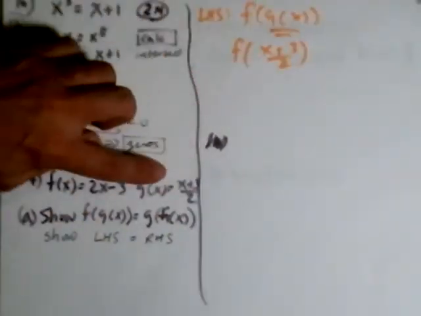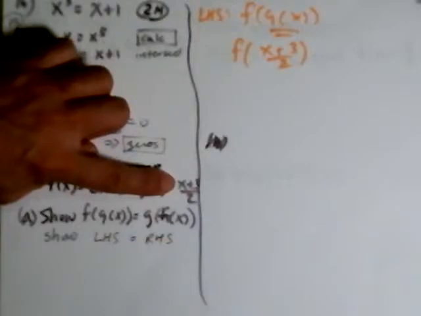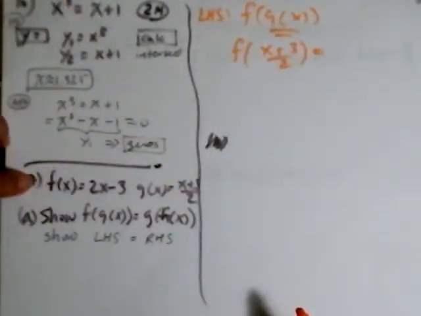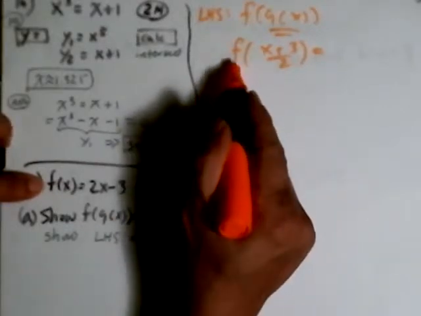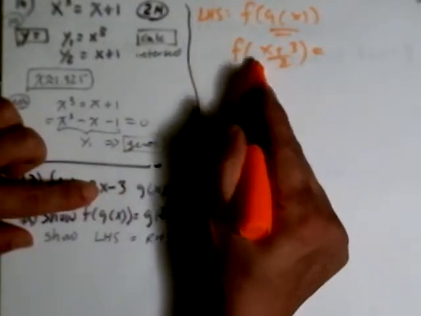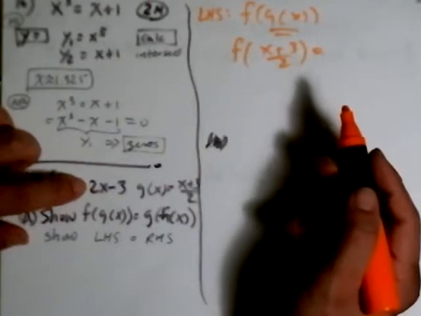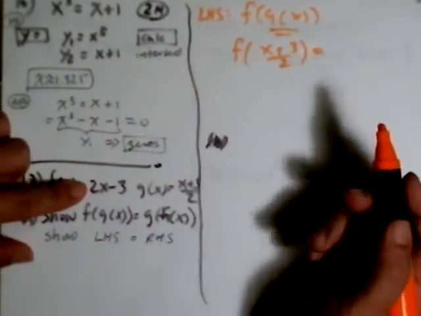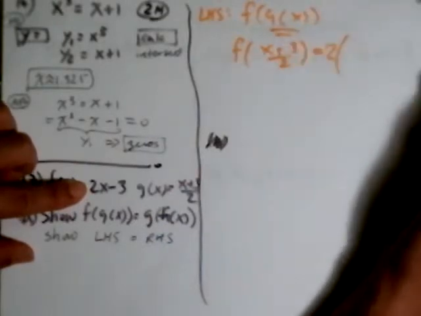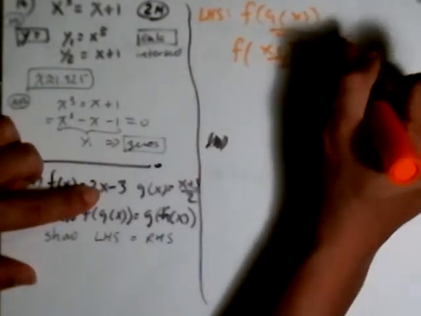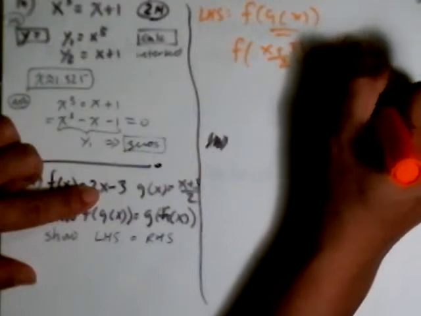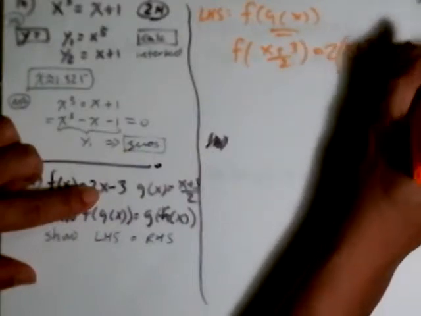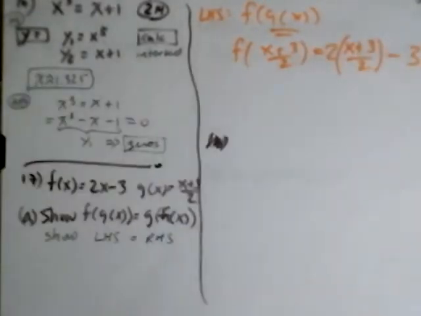That g of x was replaced by x plus 3 over 2, which is equal to, wherever there's an x in the f function, we replace it with x plus 3 over 2. So here's your f function: 2, parentheses, the x is replaced with x plus 3 over 2, minus 3. That's how you do that.